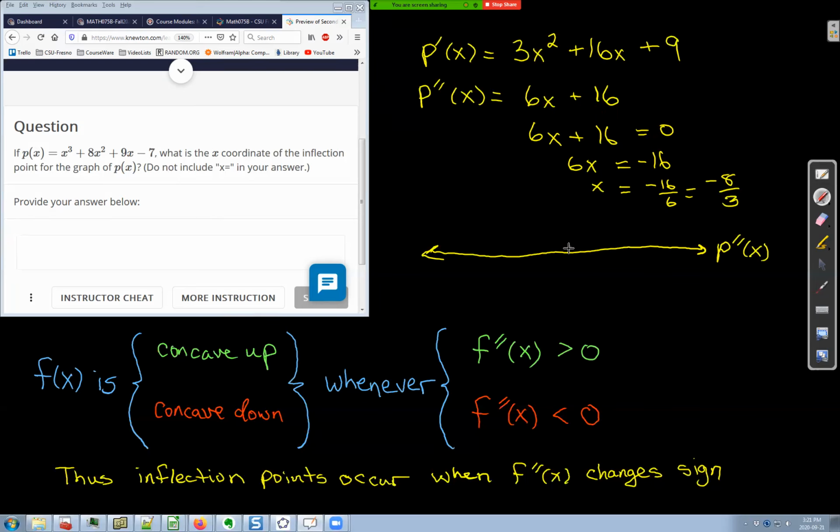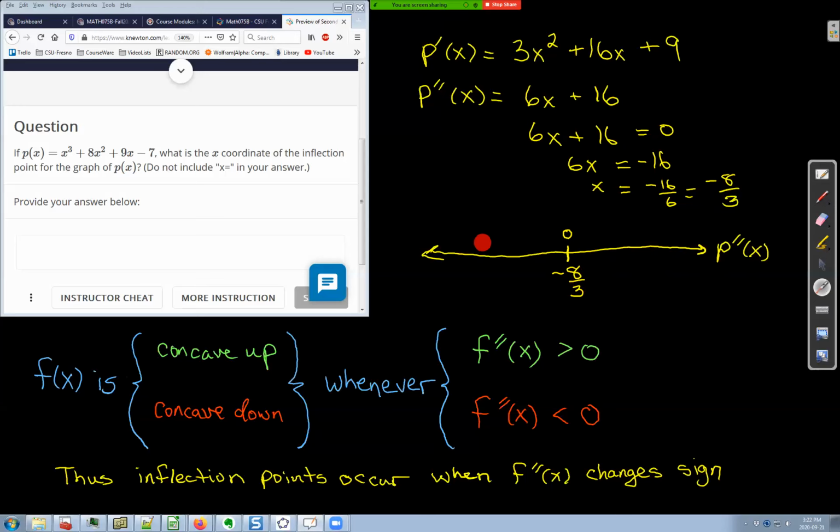So that negative 8 over 3 is the number that makes the second derivative 0, and that's like the cutoff. The claim is that all the numbers to the right of this will be always positive or always negative.